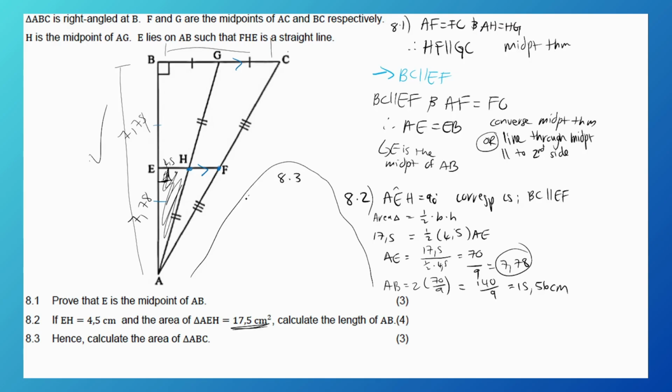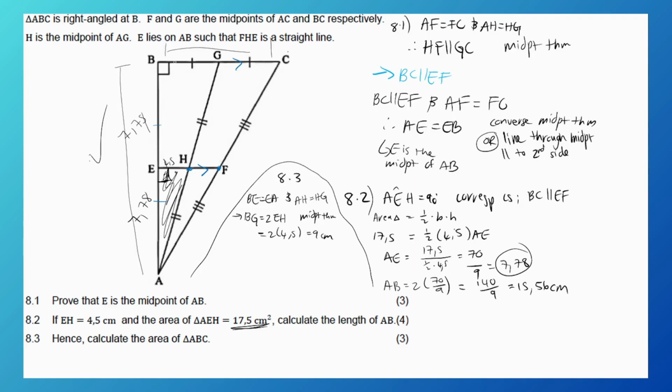I'm just going to use midpoint in this case because E is a midpoint and H is a midpoint. That will have that the two are parallel, but that's not the part we're interested in. We are interested in the fact that BG will be 2 times EH. Midpoint theorem, which means it's 2 times 4,5, which is 9 centimeters.